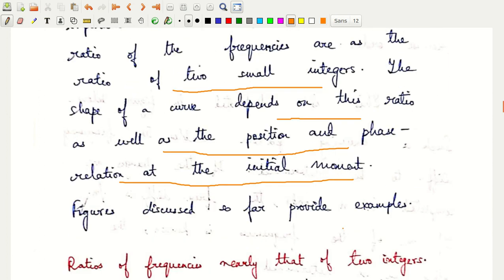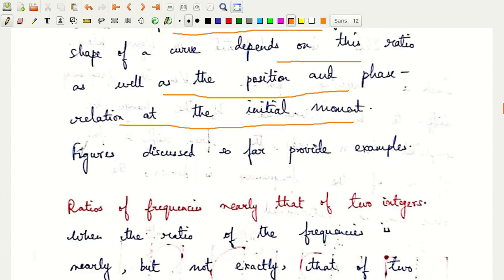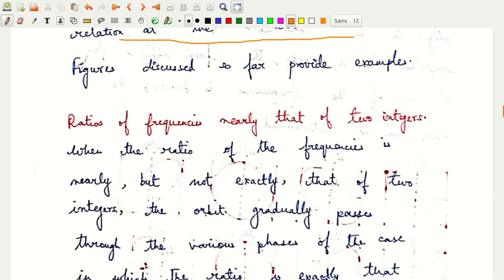So the curves formed by the superposition of two simple harmonic motions at right angles are called Lissajous figures. Now, if the ratio of frequencies is nearly equal to that of two integers, then what happens?